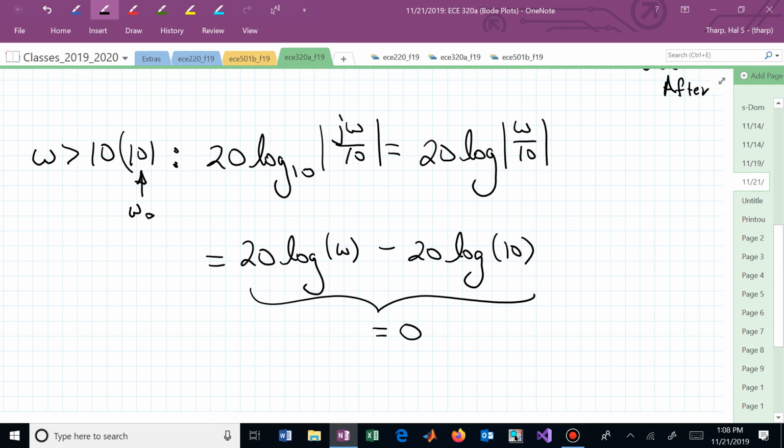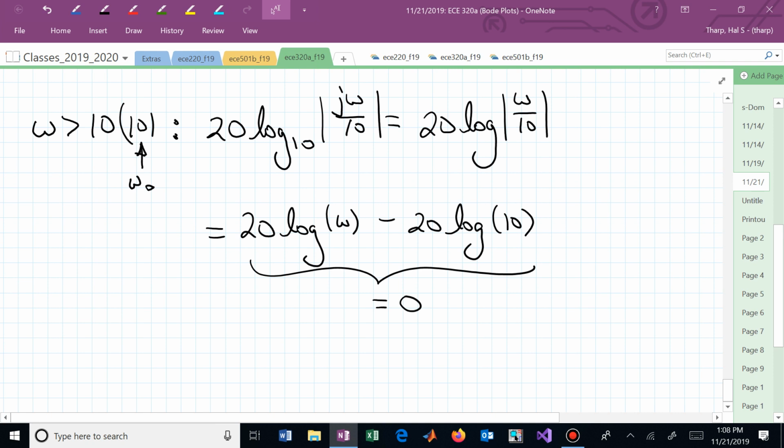And now we said for big frequencies, we're sloping at minus 20 dB per decade. When do those two straight line approximations match? When this piece is equal to 0. And what value of omega will cause that to be true? When omega is 10, the break frequency. So now, this will be 0 dB when omega is equal to 10.